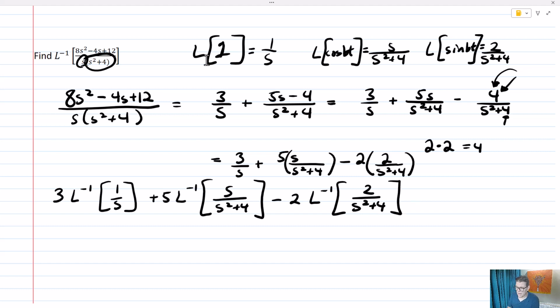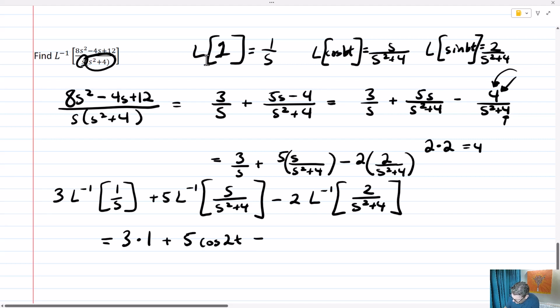Now I can just put in my functions, and that gives me 3 times 1 plus 5 cosine 2t minus 2 sine 2t.